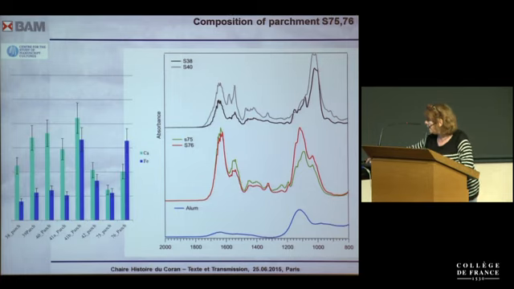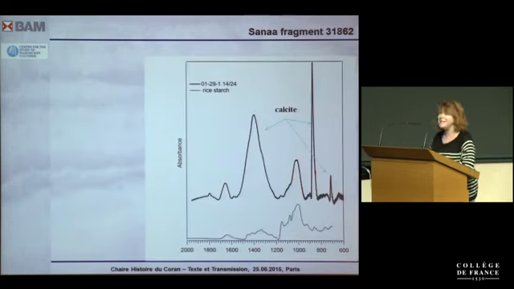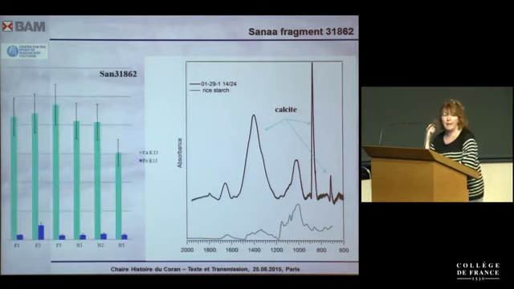When we go, however, to parchment from Sana'a, we find with astonishment that we do not even see anything but calcium. We see only calcite, a massive presence of calcite and a little bit of starch still there. And when we look at the contents of calcium, we realize that it is immense, it's huge.